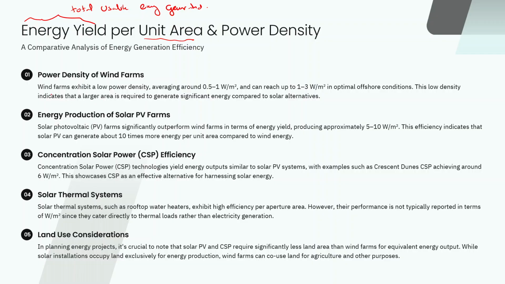If you look at the power density of wind farms, they experience a low power density averaging around 0.5 to 1 watts per meter square, right? And sometimes it can reach up to 1 to 3 watts per meter square if optimal offshore conditions are met.